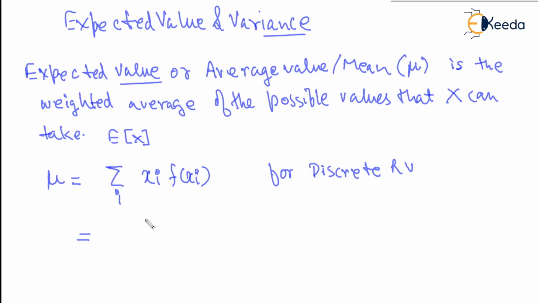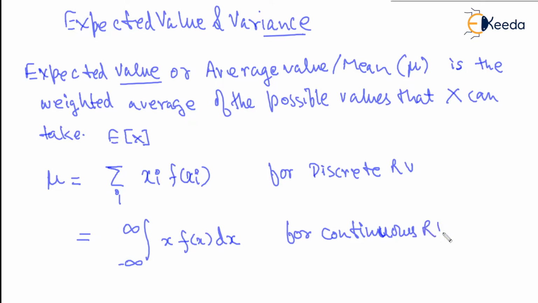Otherwise, it is the integral from minus infinity to infinity of x f of x dx for a continuous random variable. So either we'll sum up x f(x) or we'll integrate x f(x).